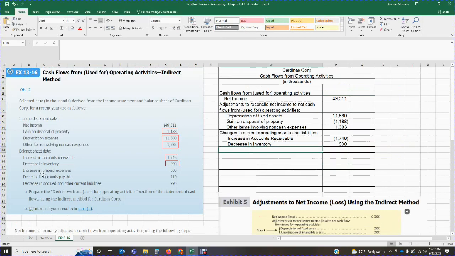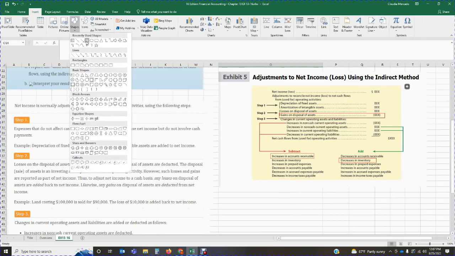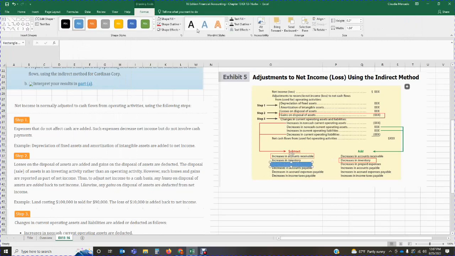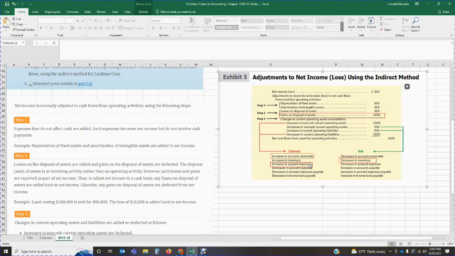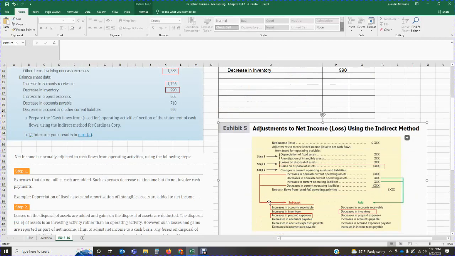Next we have an increase in prepaid expenses. If we have an increase in prepaid expenses, we subtract. An increase in prepaid expenses of 605.